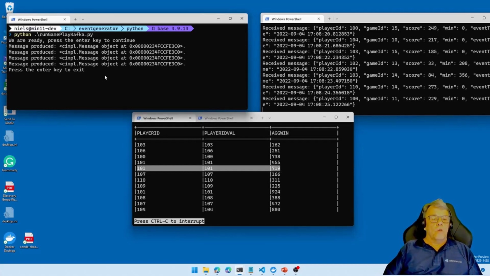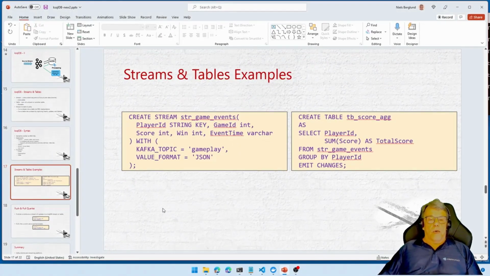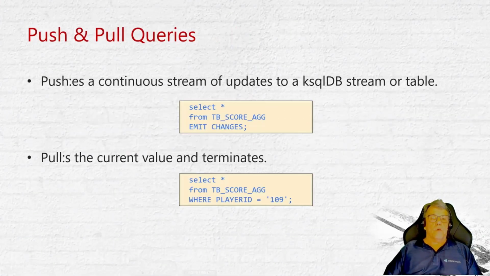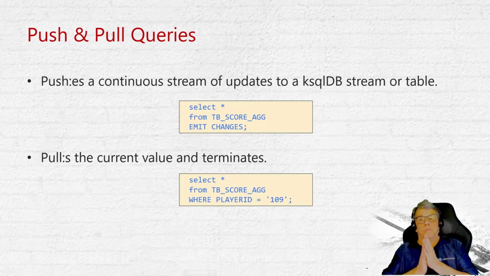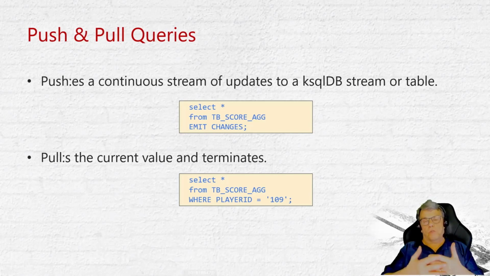So we don't want that anymore, I don't think. Let's go back to the slides. So this we have seen. So push and pull queries. We have seen both of these scenarios. Well, actually, we haven't seen the latest one, so we'll have a look at that.